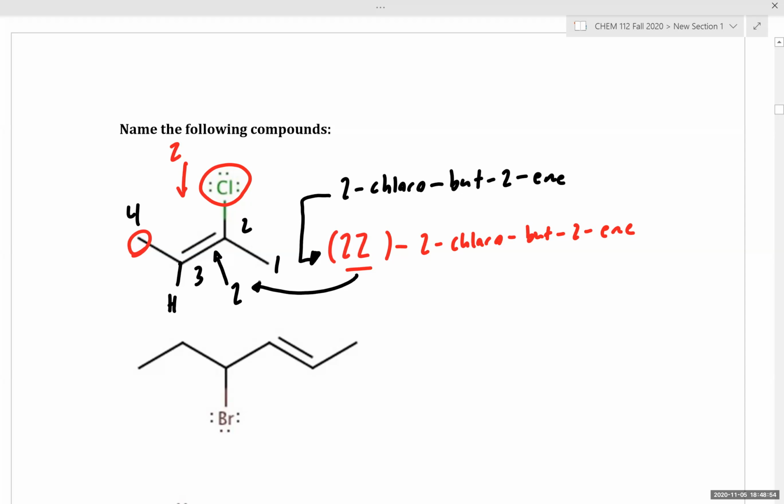So 2-chlorobutene describes this general structure without accounting for stereochemistry, while the 2Z tells us the alkene at the 2 position is a Z alkene. Does that make sense? Perfect.